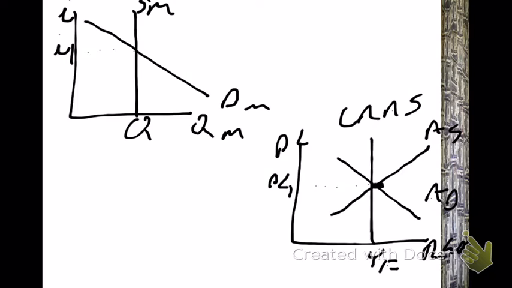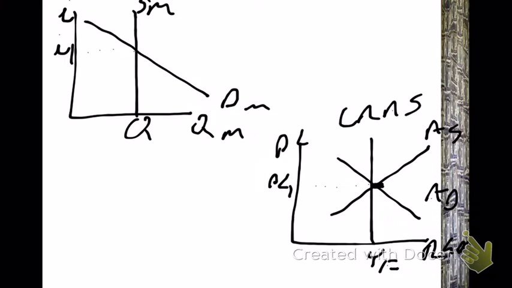Because what's on your y-axis? What's the label on the money supply on the y-axis? Interest rates. Let's go back to supply and demand. Does price affect demand? No. It affects quantity demanded. It's the same with interest rates.